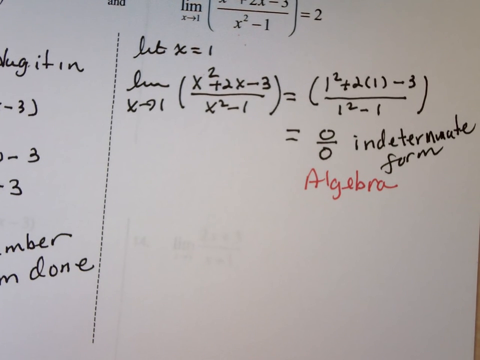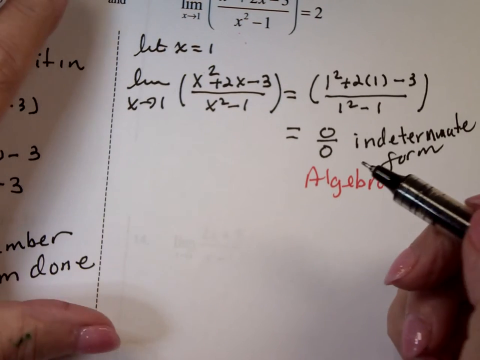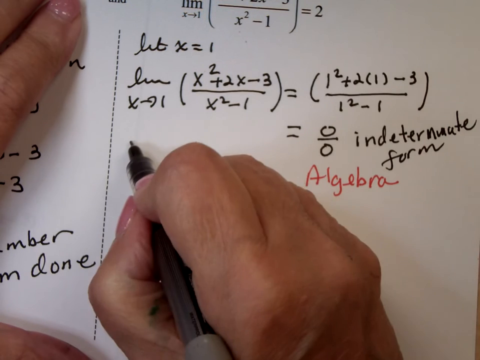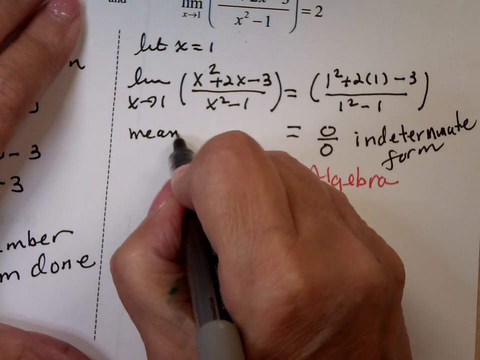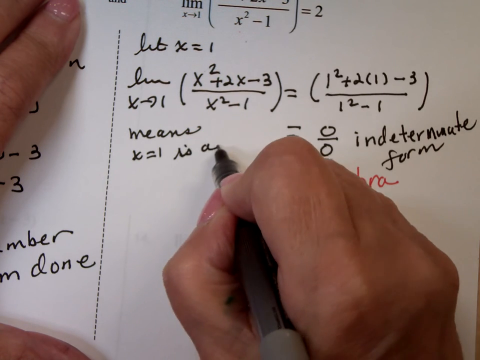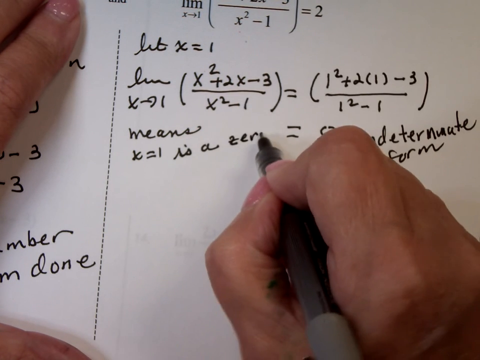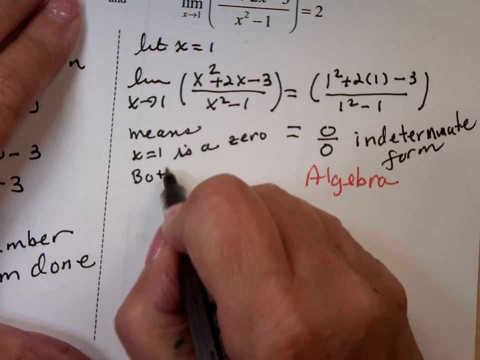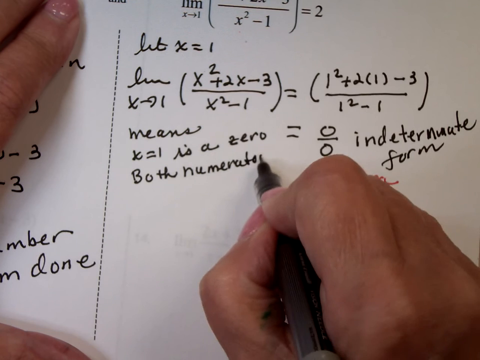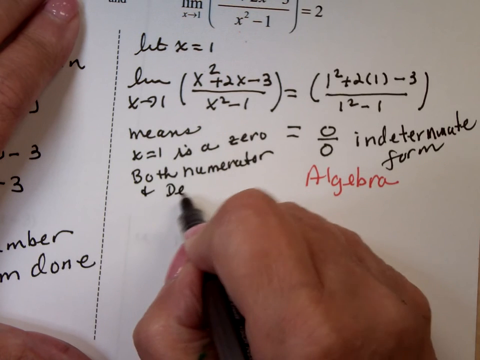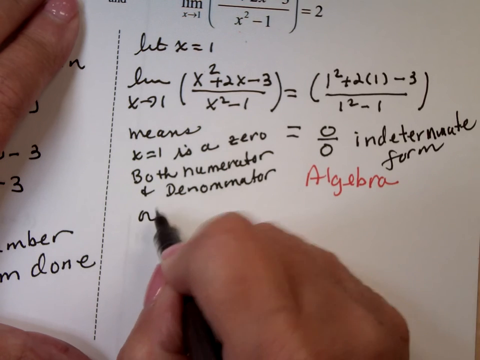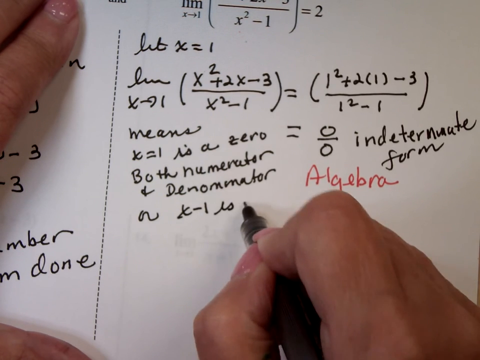Well, in this particular instance, since I've got a 0 over 0, what does that mean? This means that x equal 1 is a 0 of both the numerator and denominator, or x minus 1 is a factor.